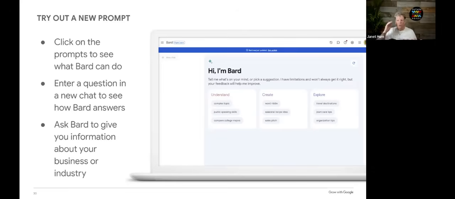But one thing is to be patient with yourself and to kind of get the idea of what kind of prompts you need to write to be successful with this tool. That's going to be a whole career soon. Prompt engineering for AI is going to be a skill set that people are going to want to hire. And so we're going to have a whole new set of workers doing just that.